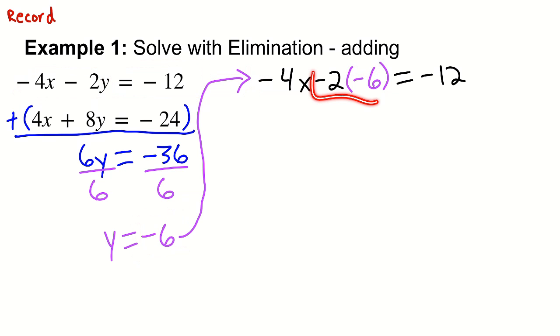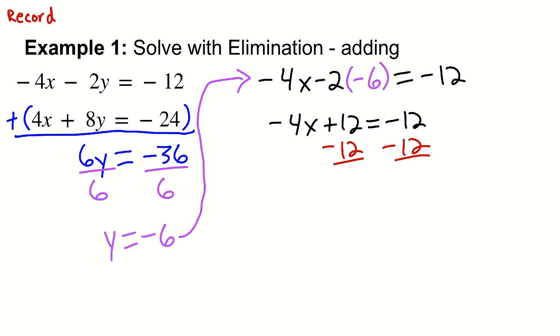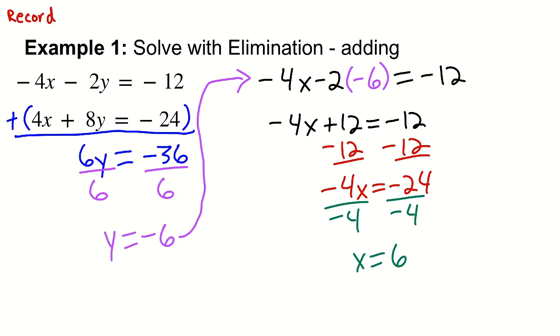Now we have the negative 2 times negative 6 is positive 12. So we have negative 4x plus 12 is equal to negative 12. To undo that operation of adding 12, we subtract 12 from both sides. So we have negative 4x equals negative 24. Now we have to isolate the x by dividing by negative 4, and we get x is equal to positive 6.